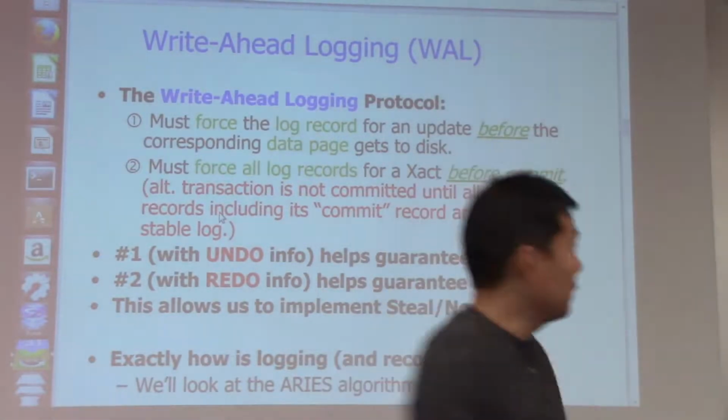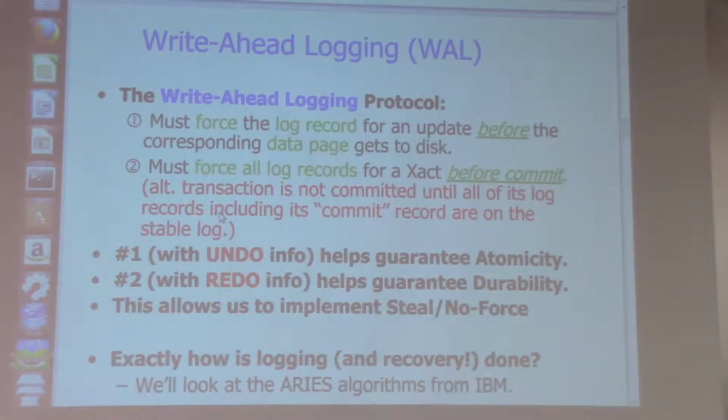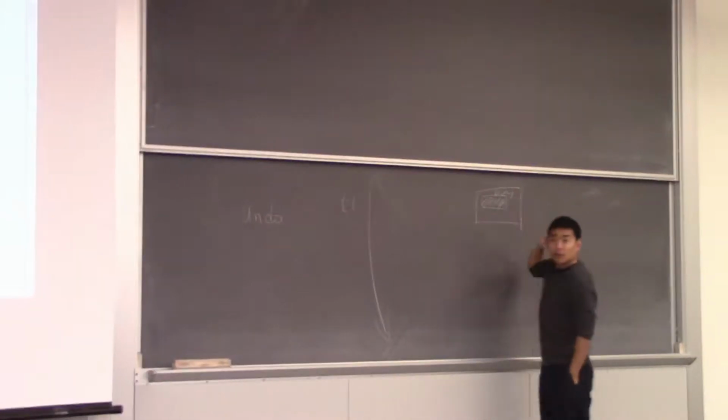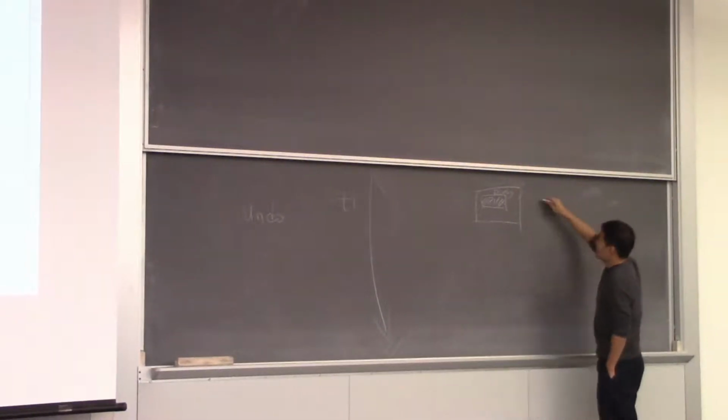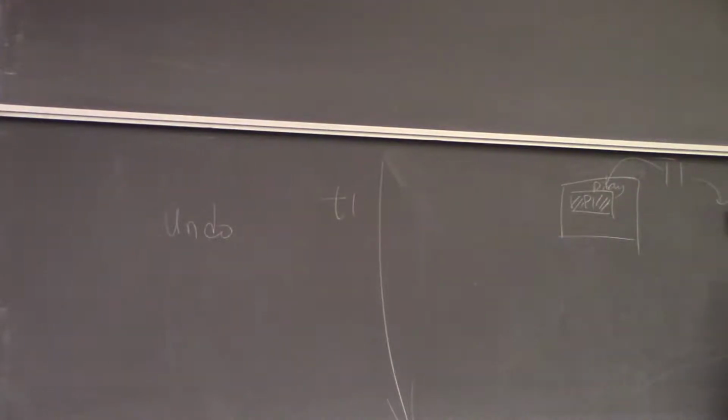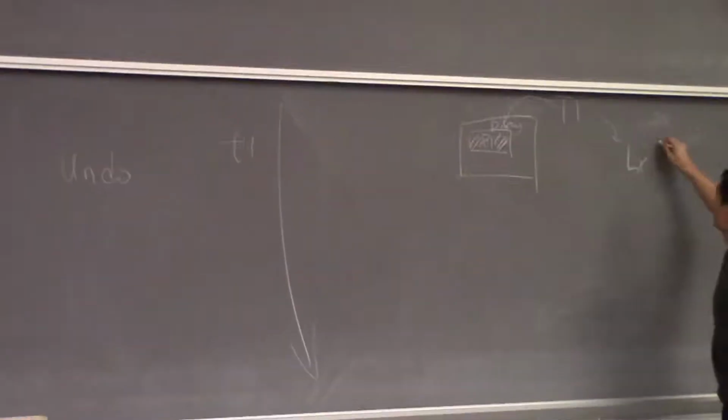Well, at time t1, page p1 becomes 30. Transaction 1 writes this, and this produces a log record. Log record, let's say Lx, has a bunch of information, which I have described.